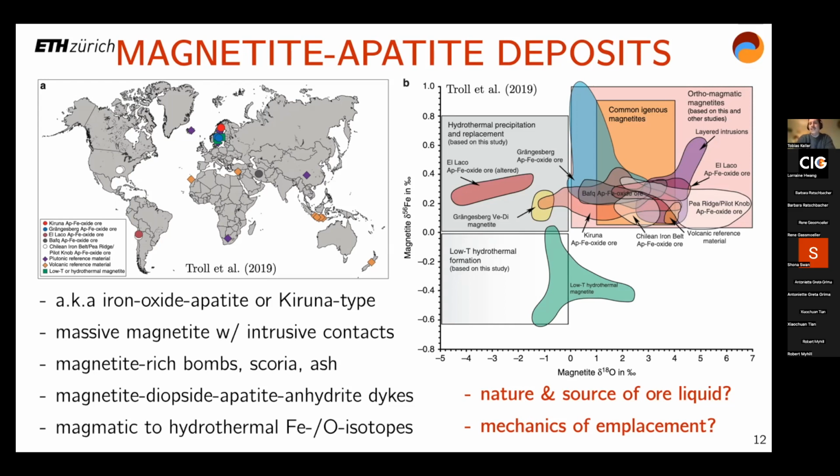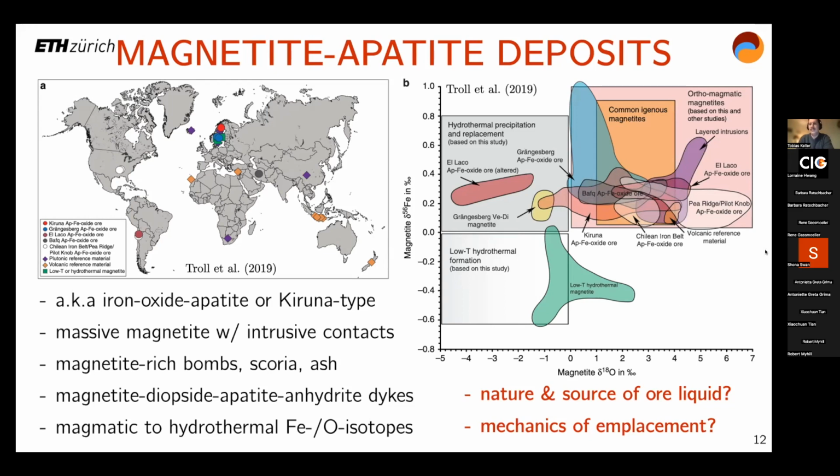What really brings all of these deposits together, in addition to their common geological presentation and mineralogy, is their iron and oxygen isotopes. Obviously, because a lot of magnetite is involved, those are good isotope systems to use to characterize these deposits.